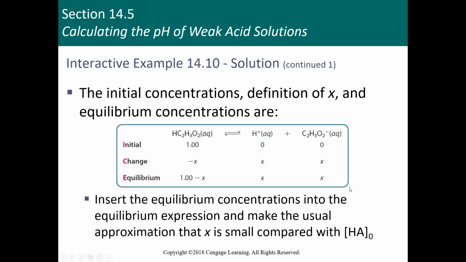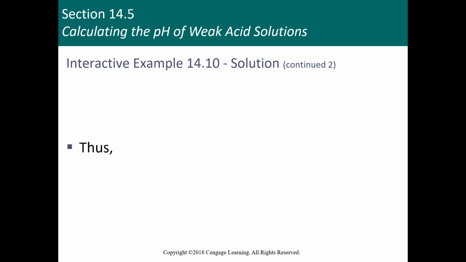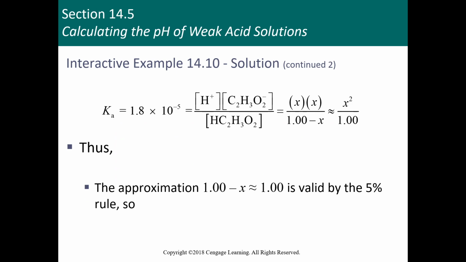All right, so again, our initial concentration right here is much larger than our Ka would indicate we would make, or use up, consume in this case. And so what we see is, again, we can go ahead and assume that this minus x here won't matter. So we get rid of that. We have x squared over 1.